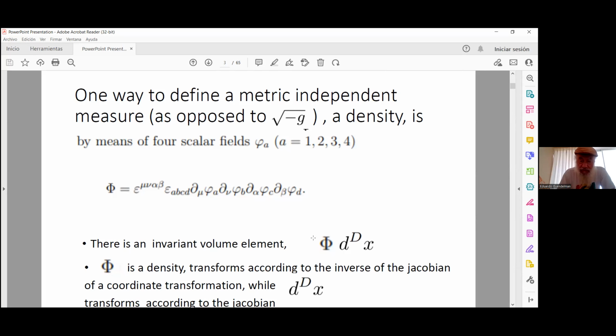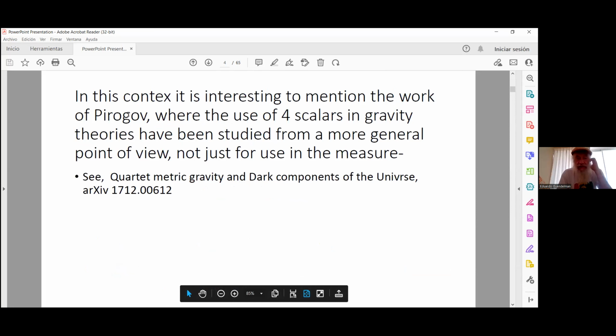Then if you multiply phi with the d4x, this phi transforms according to the inverse of the Jacobian, and this d4x according to the Jacobian. I would like to address, for example, work by Pirogov, where he used 4 scalar fields in gravity from a more general point of view, not just in the measure as I'm doing. And as you have seen also before, it has been used in the construction of massive gravity theory.